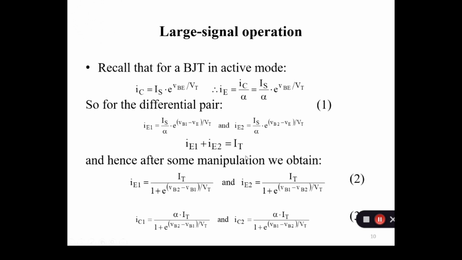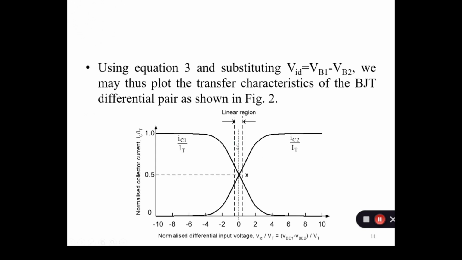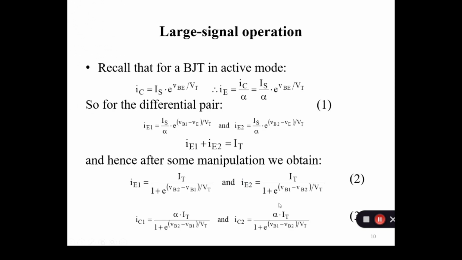So we get IE1, IE2, IC1, IC2, and then we draw the graph. In this graph I explained to you the meaning of this range, meaning the amplifier is working in the linear region, from a very small value from here to here. This graph you can draw with the help of the previous formulas.